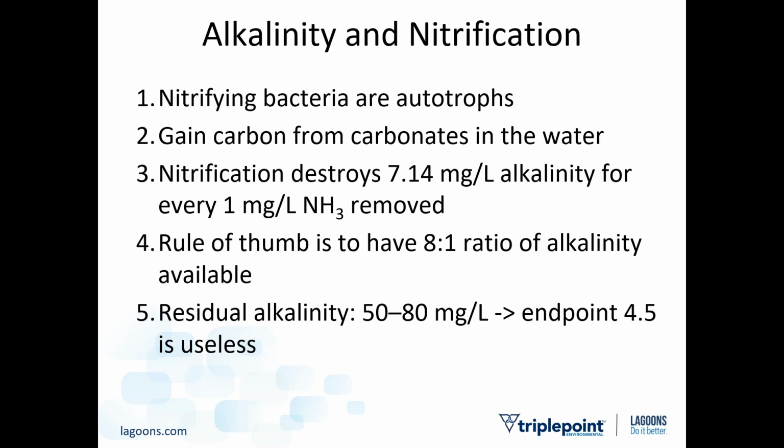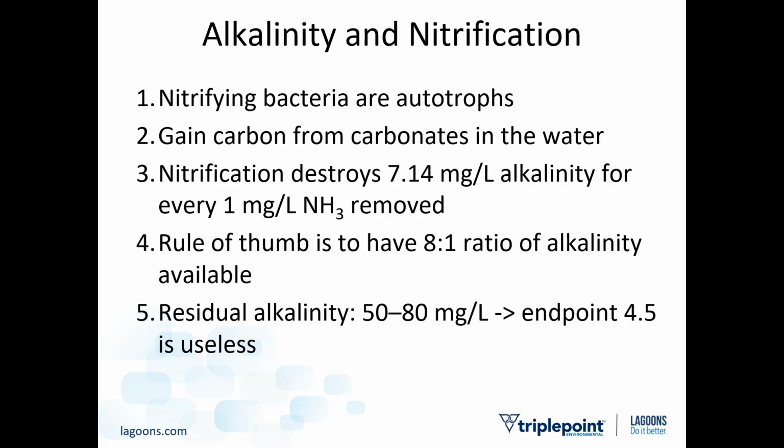And then lastly, we need to have a residual alkalinity left over in the water once the nitrifiers are done in order for the process to work. And why is that? Why can't we just use up every last drop of alkalinity? Remember, the set point for alkalinity going to 0 is at 4.5 pH.